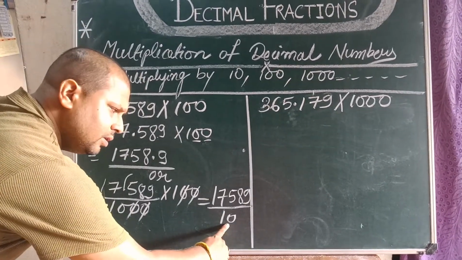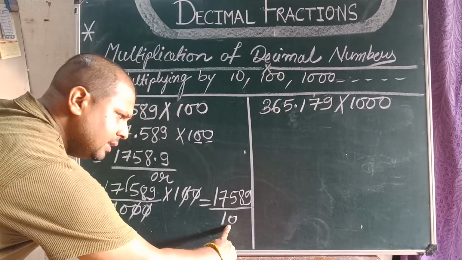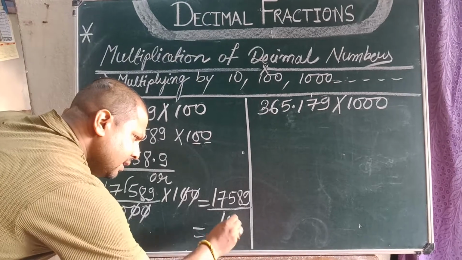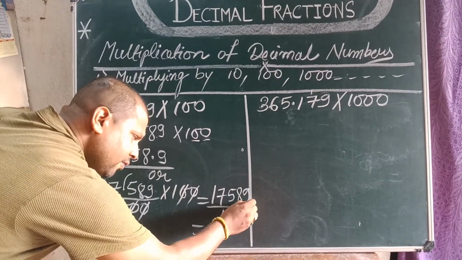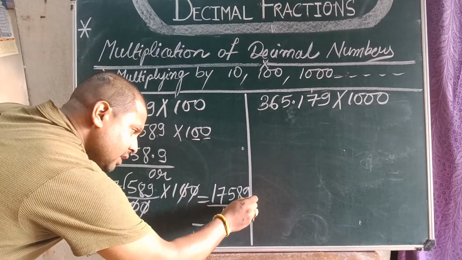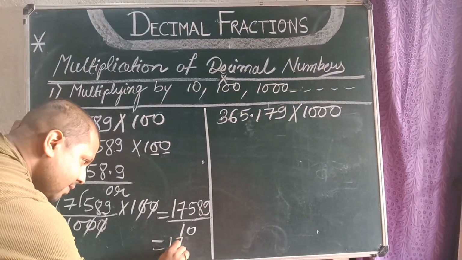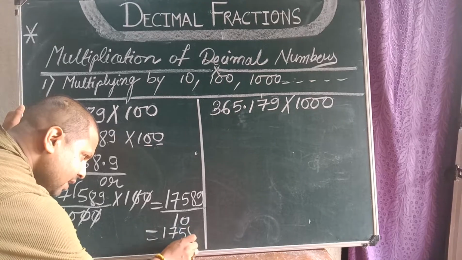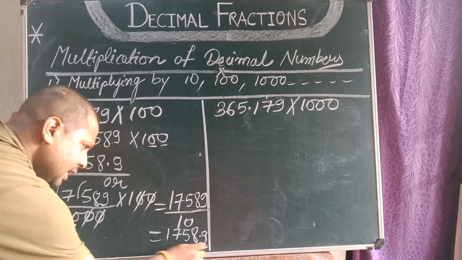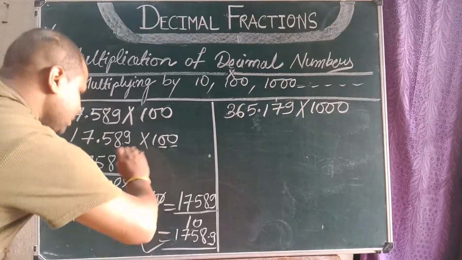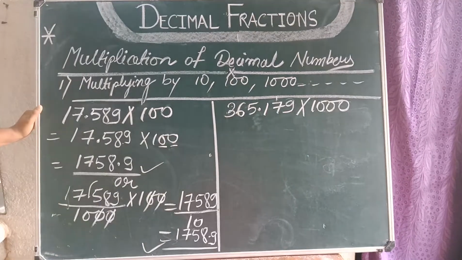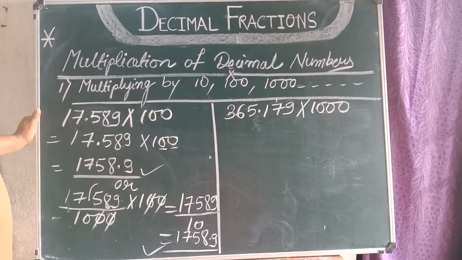Only 1 zero is there in the denominator, students. So we'll have to place the decimal just after the last digit from the right side. So it will be 1758.9. Both the answers are same. The methods are a little different. So I hope you have understood.